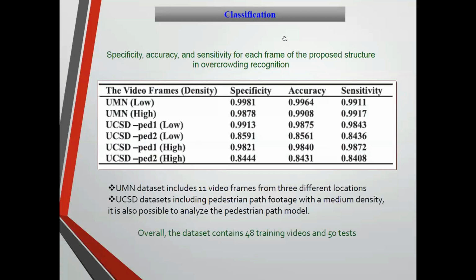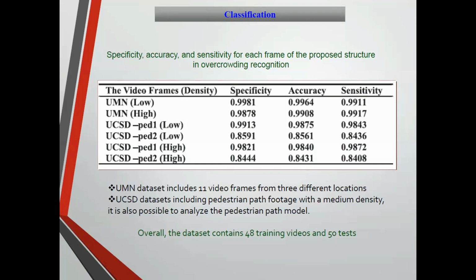Okay. So some parameters we have considered, and I think all of you are aware of specificity, accuracy, and sensitivity. We have considered two data sets: one is the UMN data set, and another one is the UCSD data set.